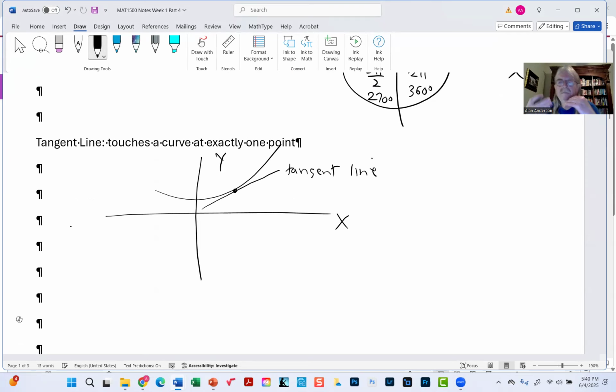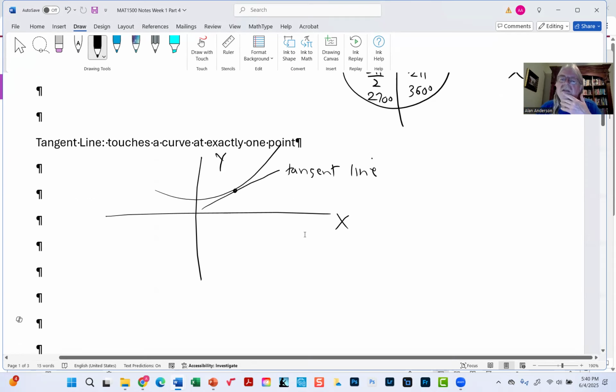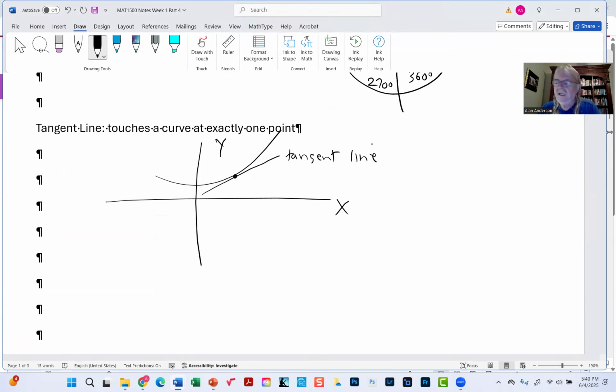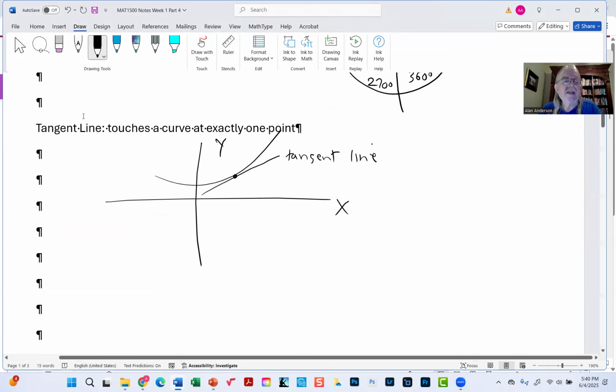And often our motivation is to find the slope of that tangent line because it provides us with some very important information. Sometimes though we have a line, rather, that cuts through a curve at two points. And if that happens, it's referred to as a secant line.